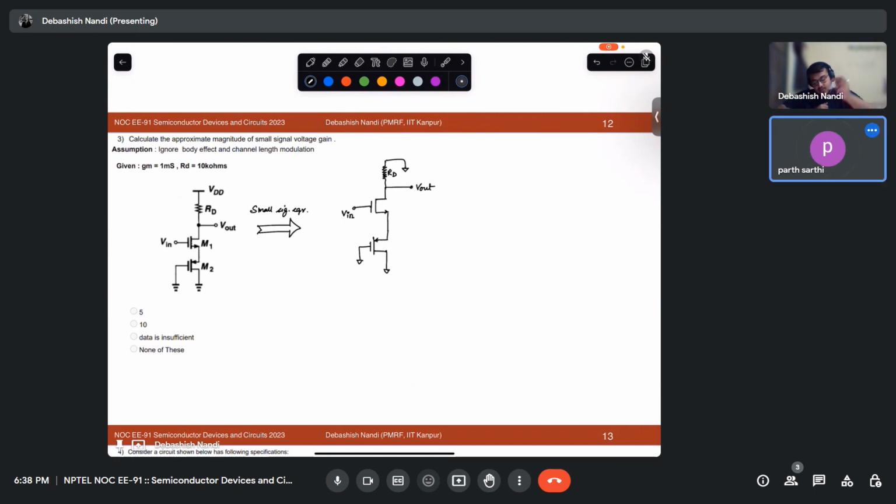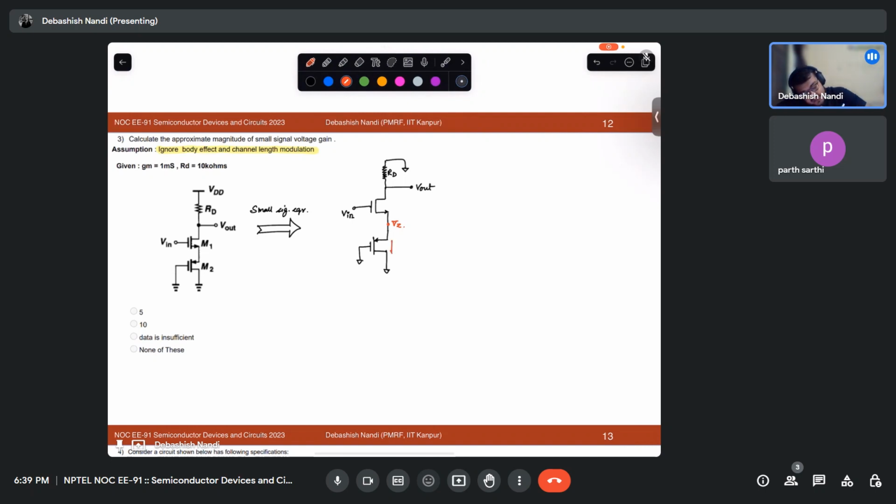They have mentioned it explicitly: ignore body effect and channel length modulation. What does that mean? That means RDS is infinity, right? That means we can ignore it. In both the transistors, RDS is not present. So there is a node Vx.